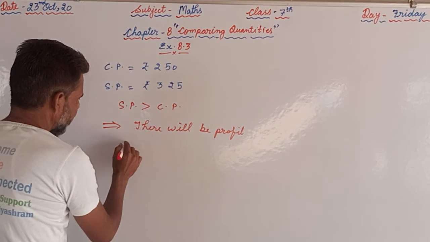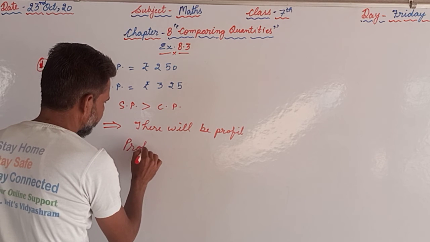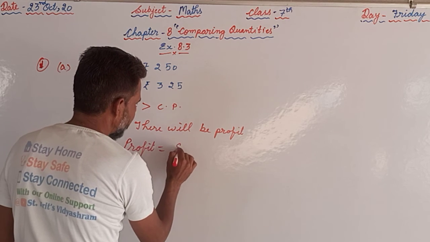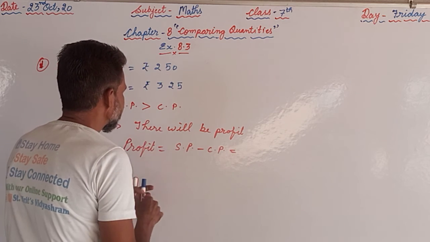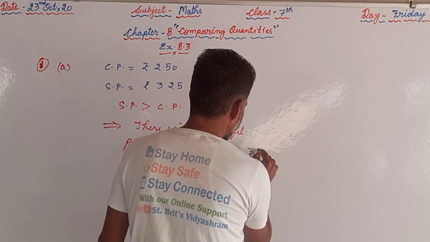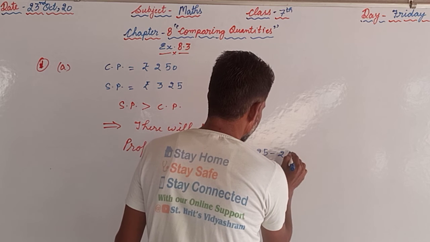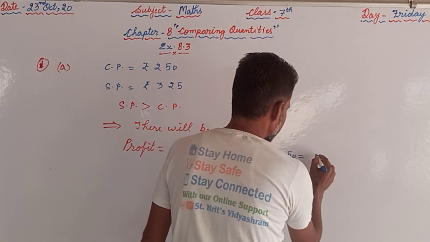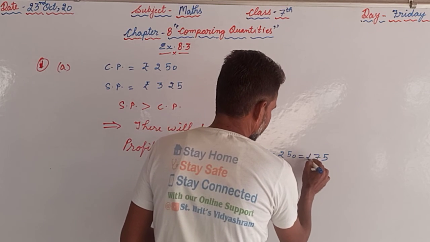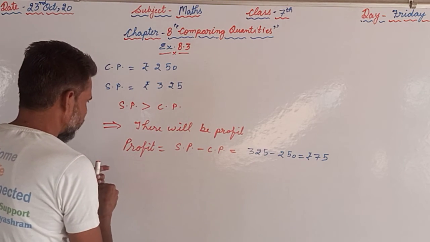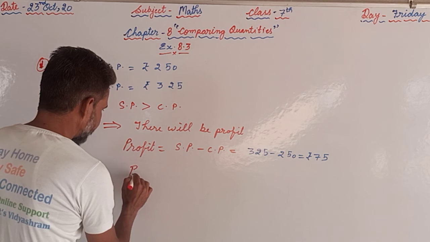So here we will find the profit, and the profit will be SP minus CP, that is 325 minus 250, and that is 75. Now we are supposed to find the profit percent.